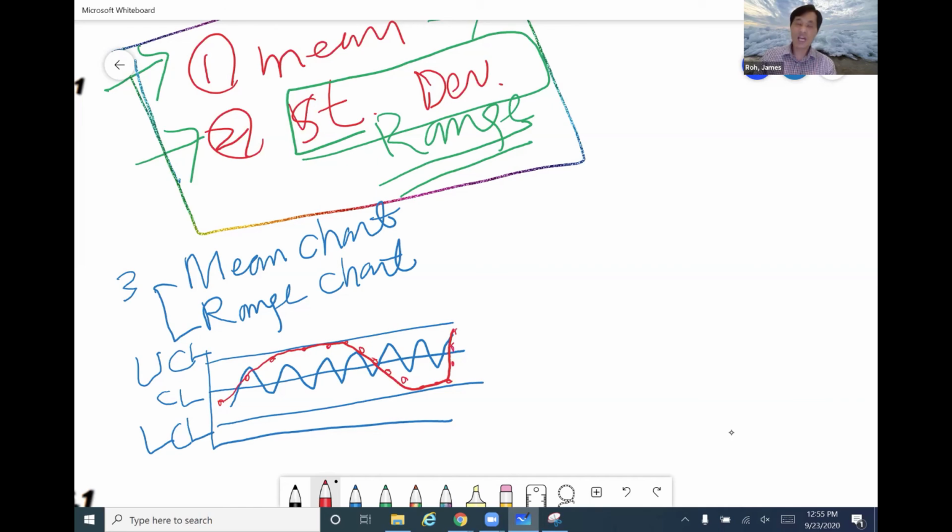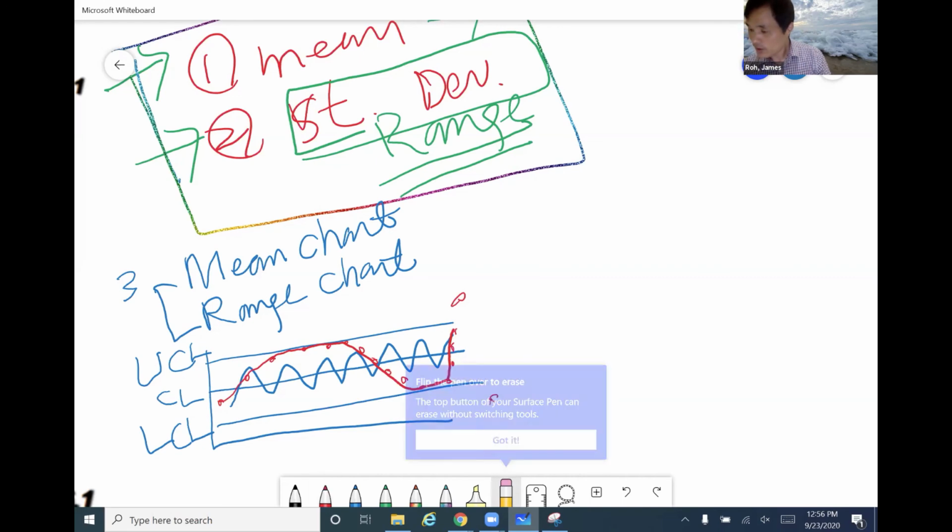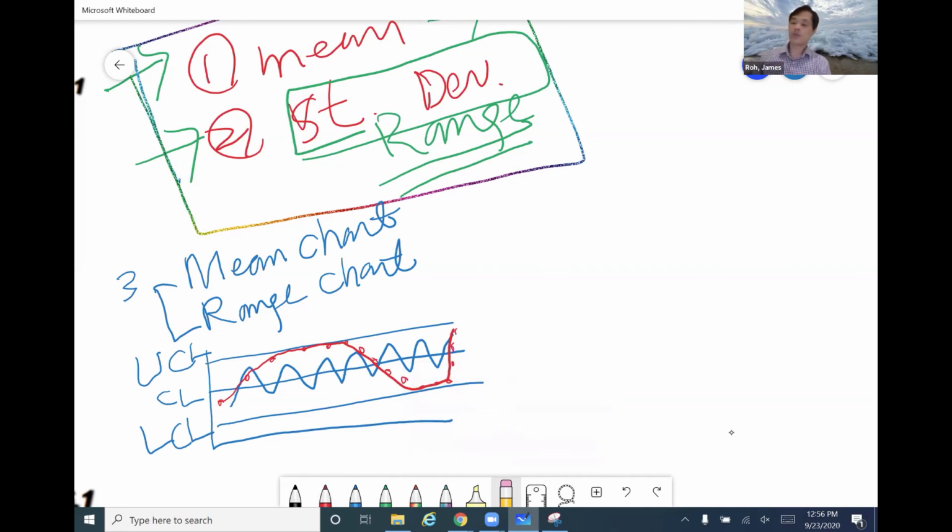So that's not a good process. It's not a stable process. You want to do something about this and investigate it. Even if there's no point outside of the upper control limit and lower control limit, you have to do something about that because this is going out of control. Even if you don't have any points outside of the control limit, you need to take a look at it.